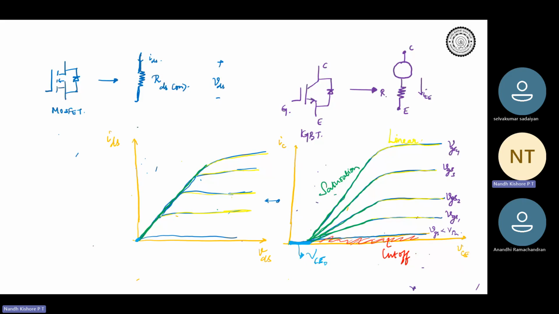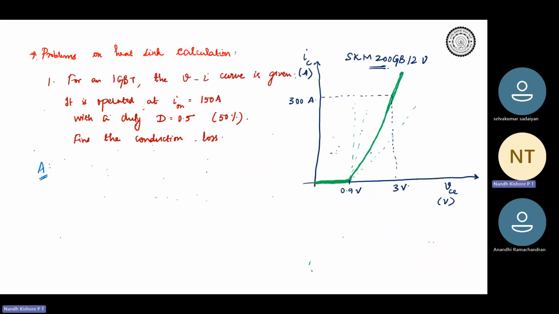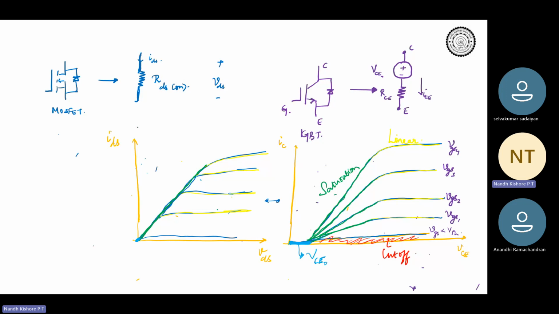This will be RCE, collector to emitter equivalent resistance, and then there will be a VCE naught. You get it, there is not just the resistance, but rather there will be this drop as well. So if you have to consider the power loss, there will be a loss due to this VCE naught and a loss due to RCE.